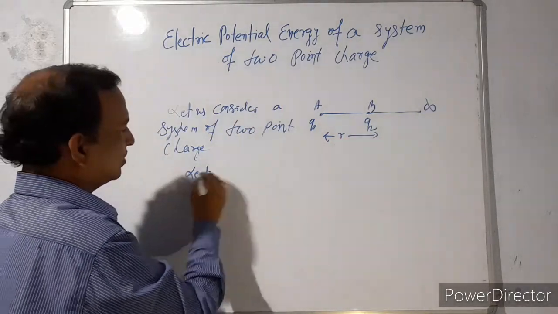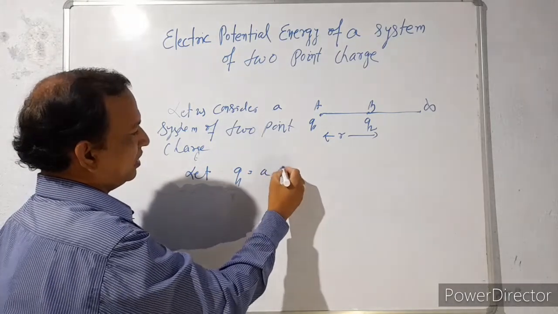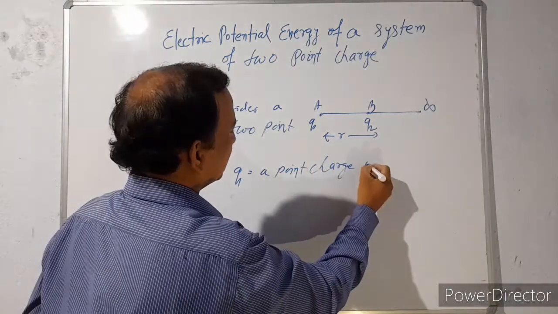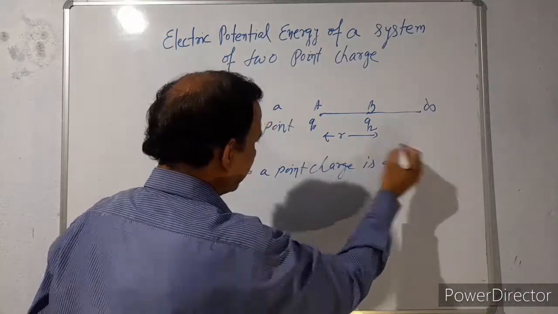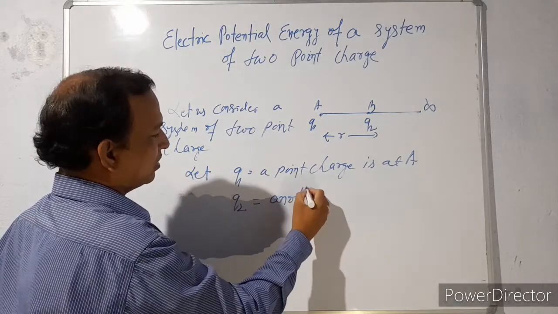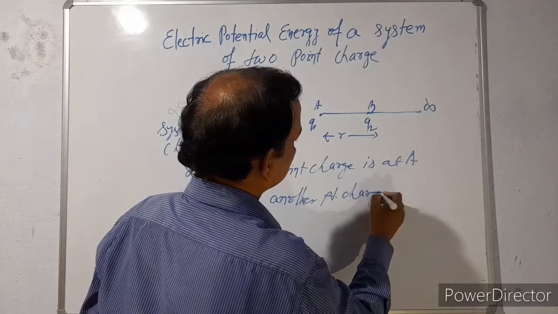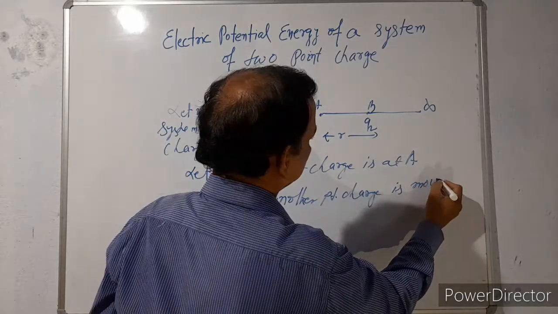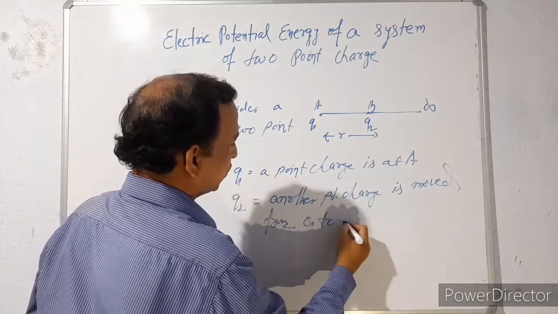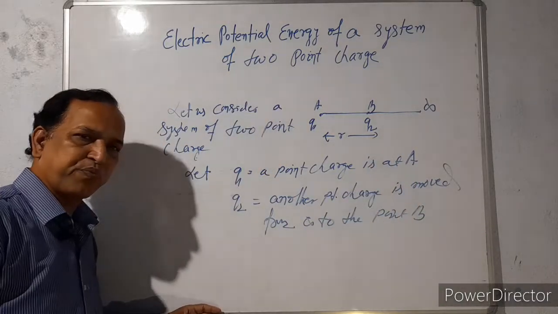So let Q1, a point charge, be at A. Q2, another point charge, is moved from infinity to the point B. Clear?